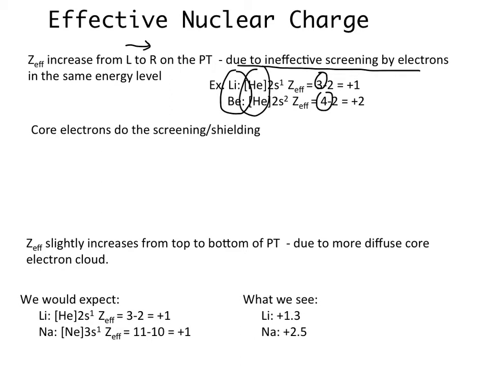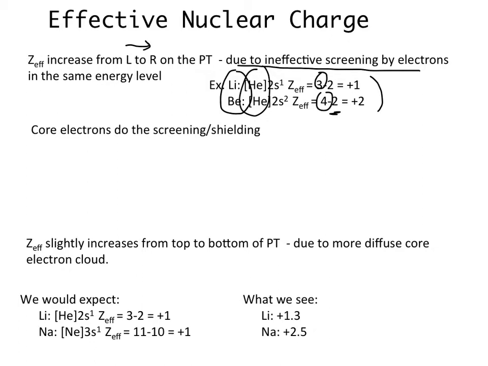Lithium and beryllium both have the same number of core electrons, so the shielding being done is basically equivalent. So when we do our Z effective calculation, that shows that beryllium is going to have a stronger pull on its electrons on that outer shell.